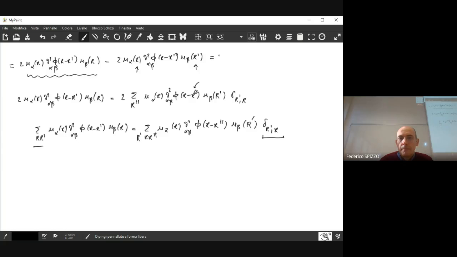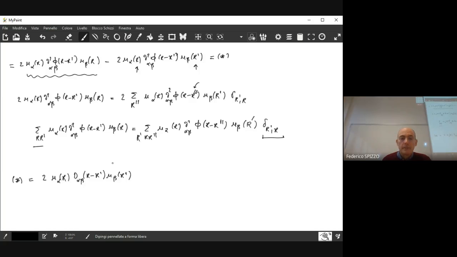this can be written as 2 times u alpha of r, D alpha beta of r minus r prime, times u beta of r prime. Who is D?